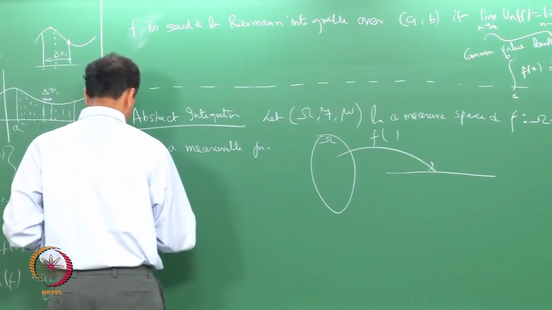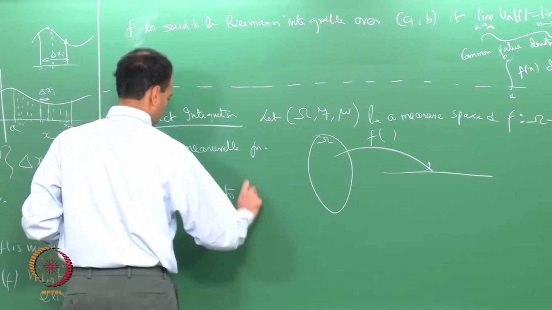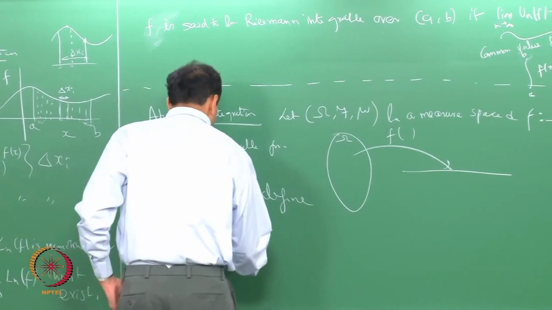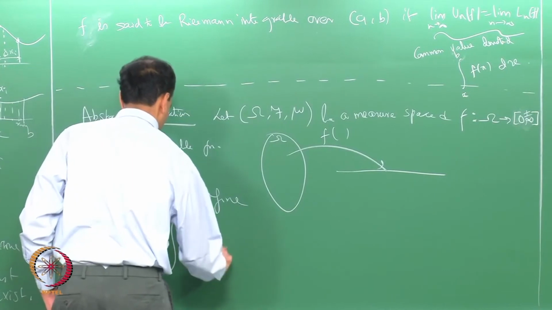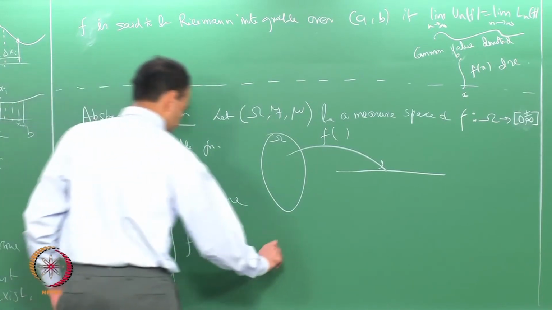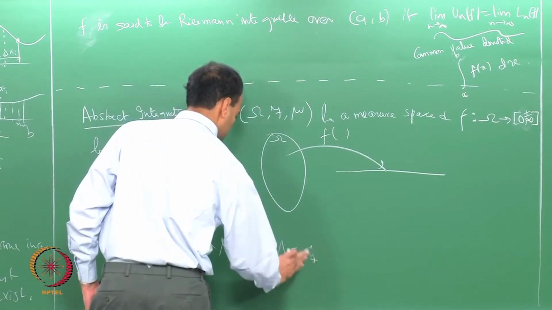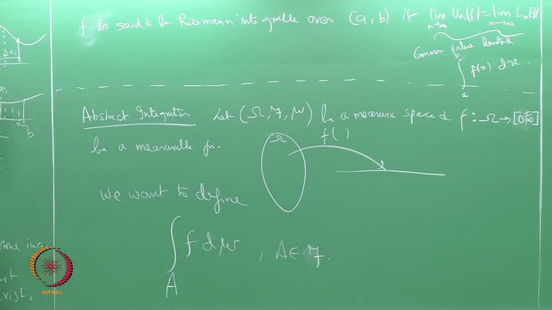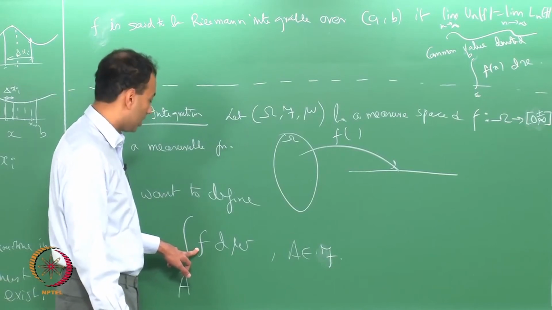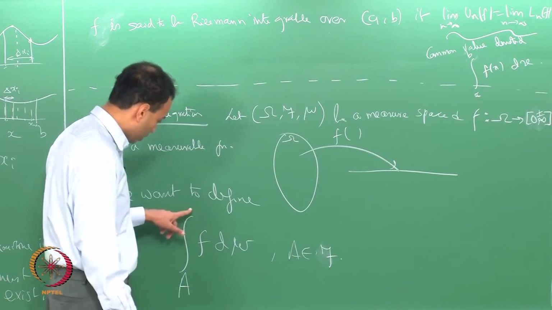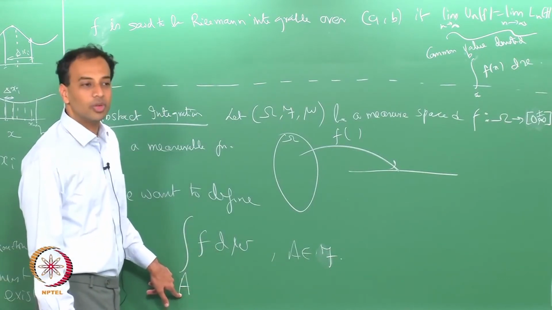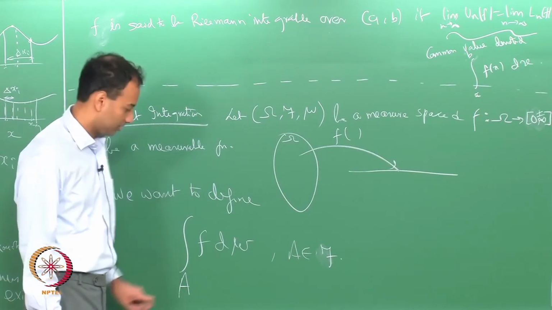We want to define the following abstract integral: integral f d mu over a measurable set A. So, you have a measurable function from omega to R or R union plus or minus infinity, and you want to define the integral of a measurable function with respect to a measure over a measurable set. That is what we will define.